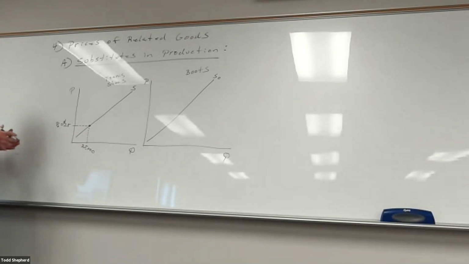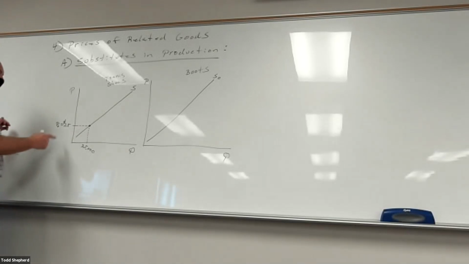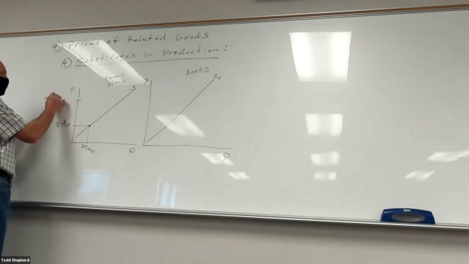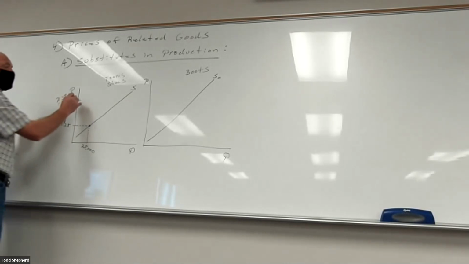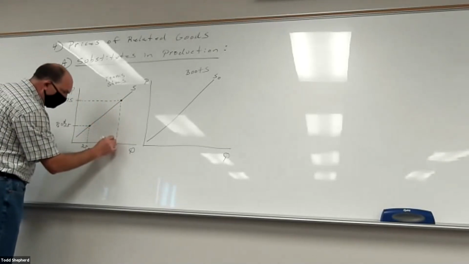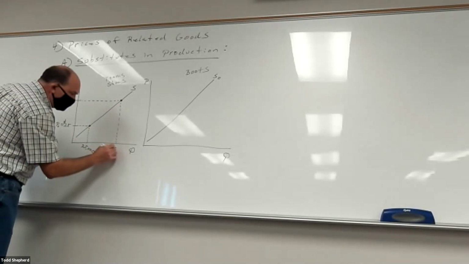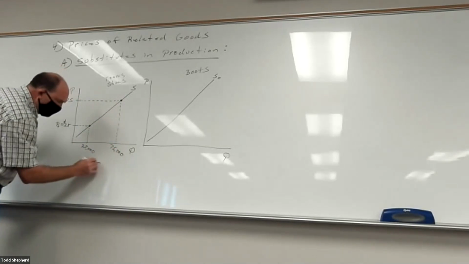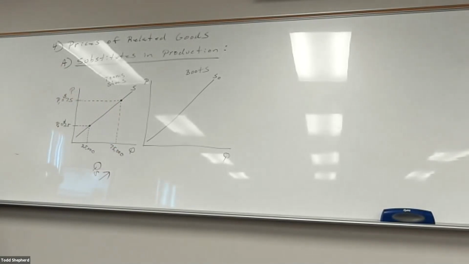Well, as those tennis shoes become more popular, the price increases. So let's say they go from $25 a pair up to $75 a pair. As the price of tennis shoes goes up, the quantity supplied of tennis shoes increases. So let's say they go from 25,000 up to 75,000 pairs. So the quantity supplied of tennis shoes increases.